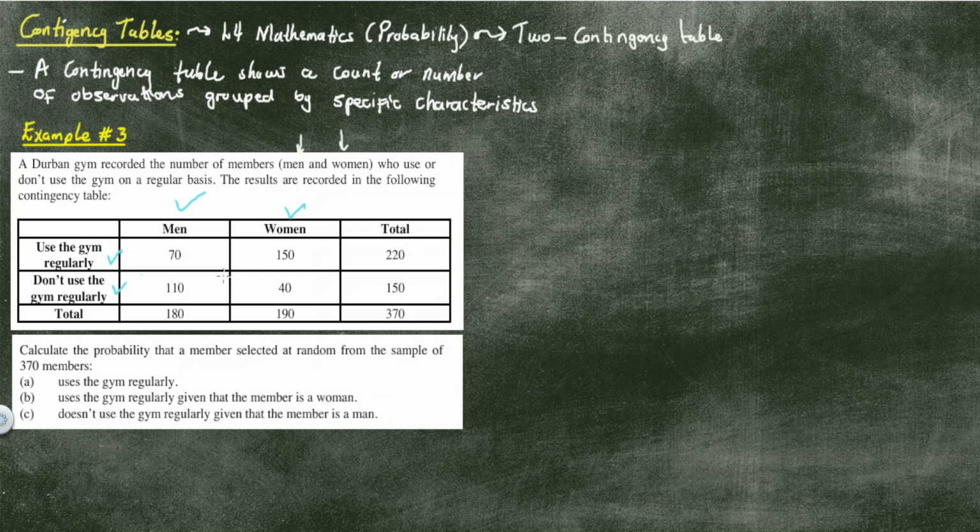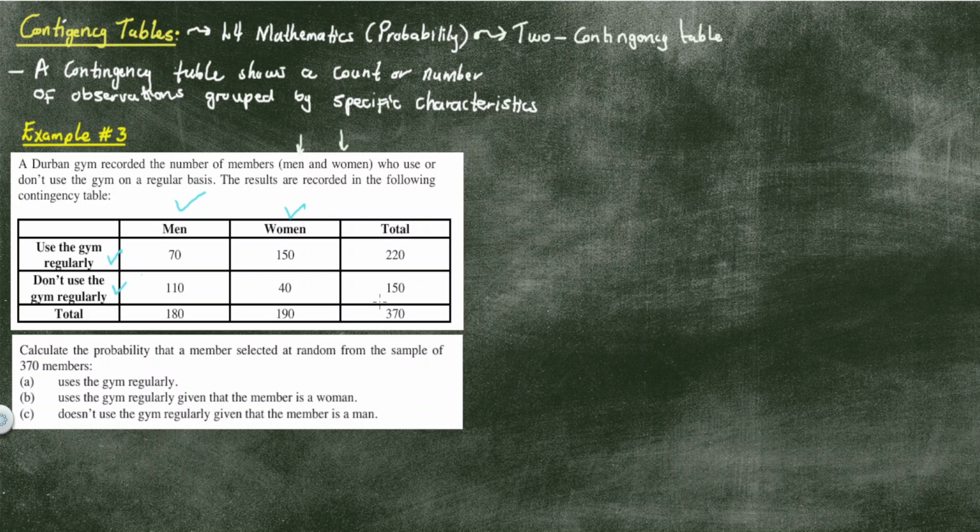It's also a good idea to take questions on contingency tables so that you try to understand what's happening in your table. In our survey that was conducted by the Durban gym, how many men attend the gym? 180.